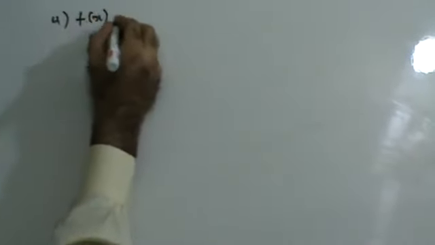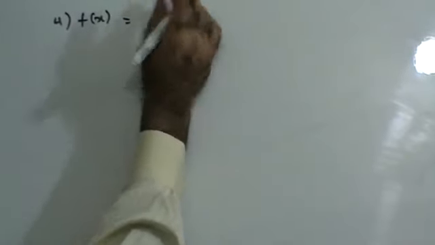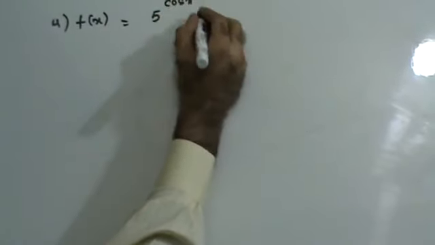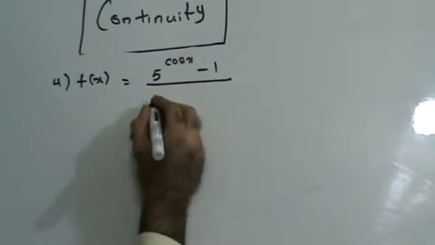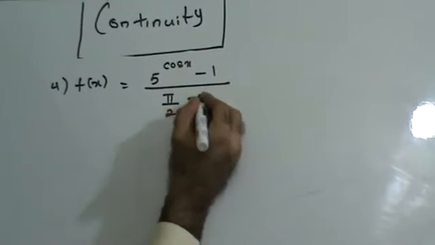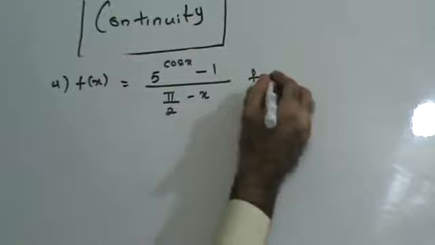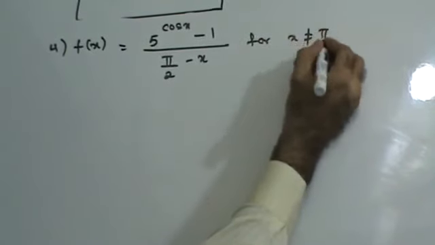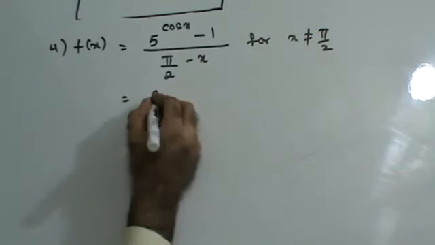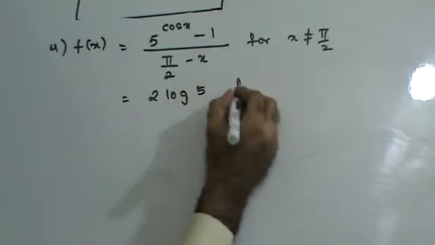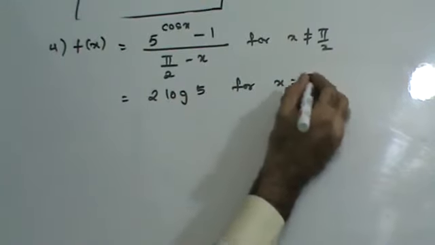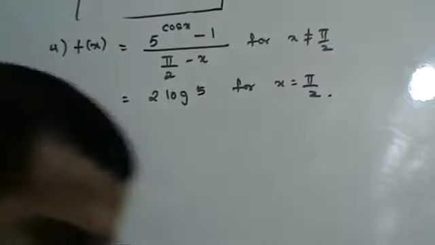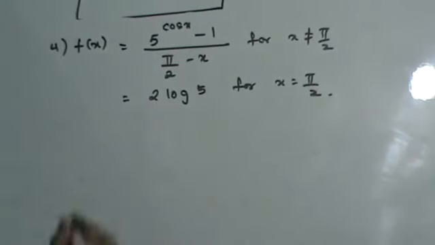F of x is equal to (5 raised to cos x minus 1) upon (pi by 2 minus x) for x is not equal to pi by 2, is equal to 2 log 5 for x is equal to pi by 2. Fine. Let's see this.